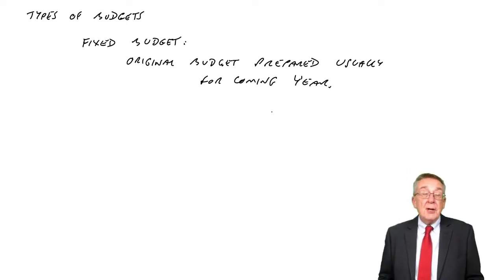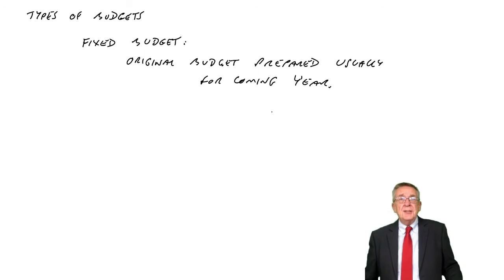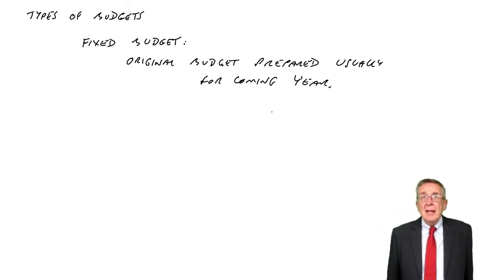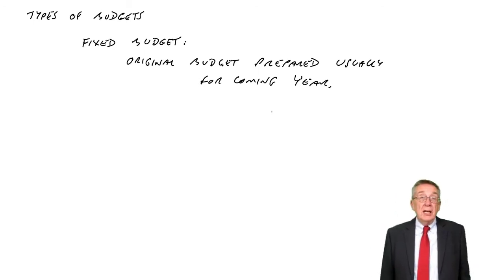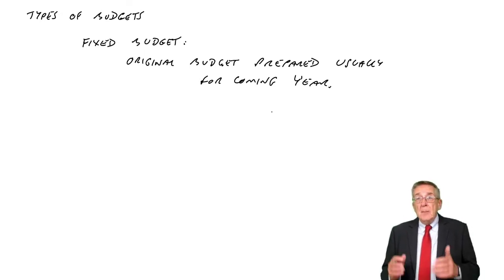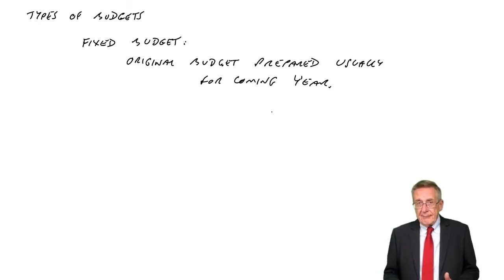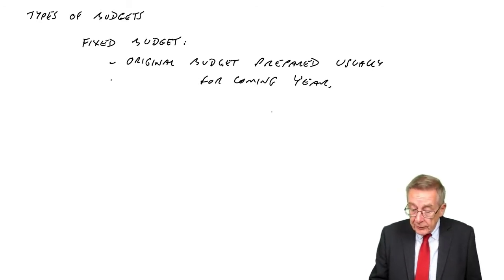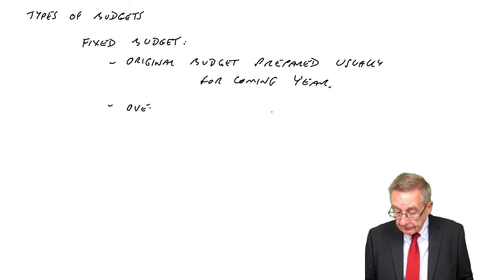The reason I say usually is although most businesses prepare budgets for the following year, they don't have to be done over a yearly period. They could be done for 6 months, 3 months, whatever they want. But the original budget is what we call the fixed budget, and that is the overall target for the year.